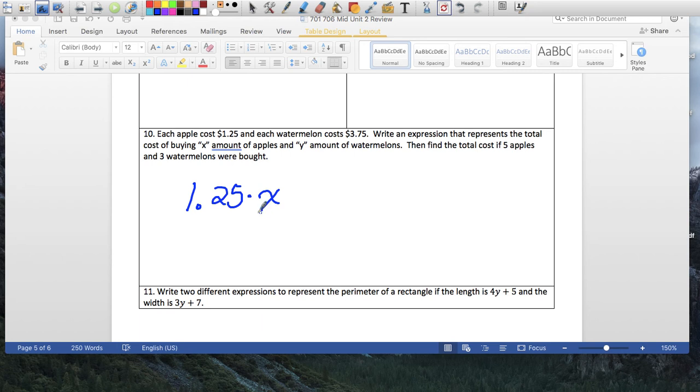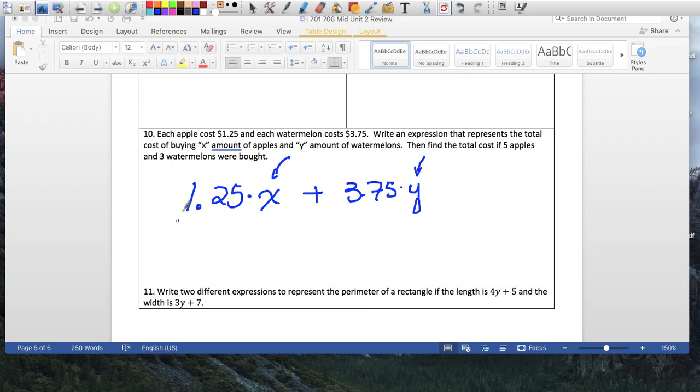This is how many apples I'm buying. 1.25 times however many, plus 3.75 times however many watermelons I'm going to buy, which is y. So this represents the amount of watermelons. This represents the amount of apples, which as of now, I don't know. So that would be the first part.